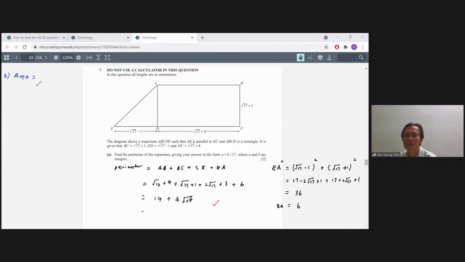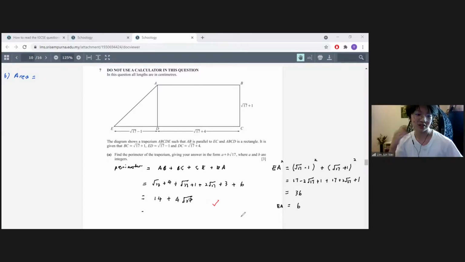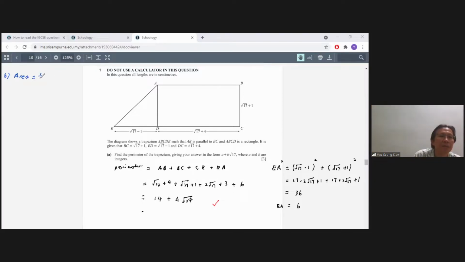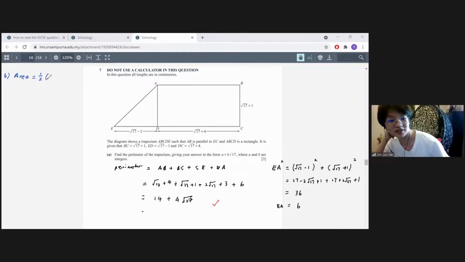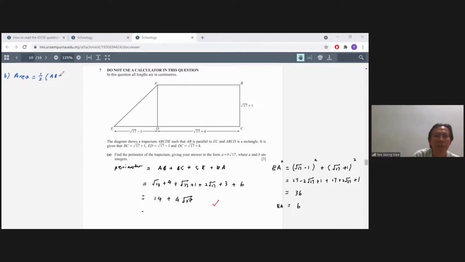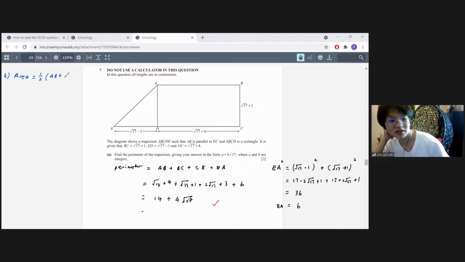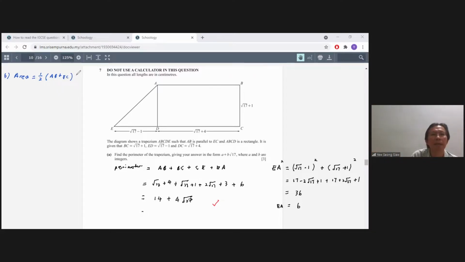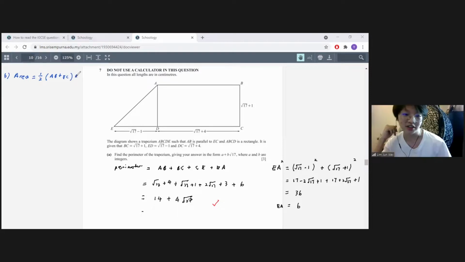Area of trapezium equals half A plus B times height. Half A plus B times height. AB plus EC times the height, BC.